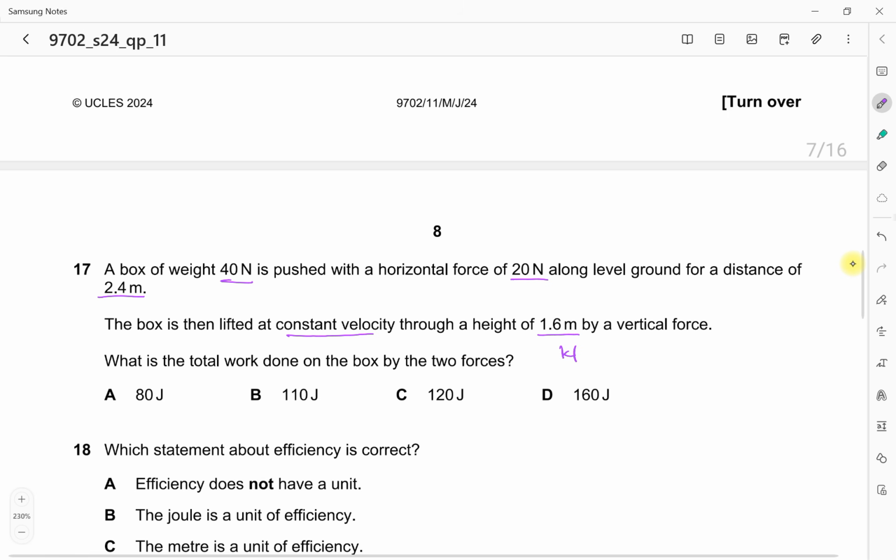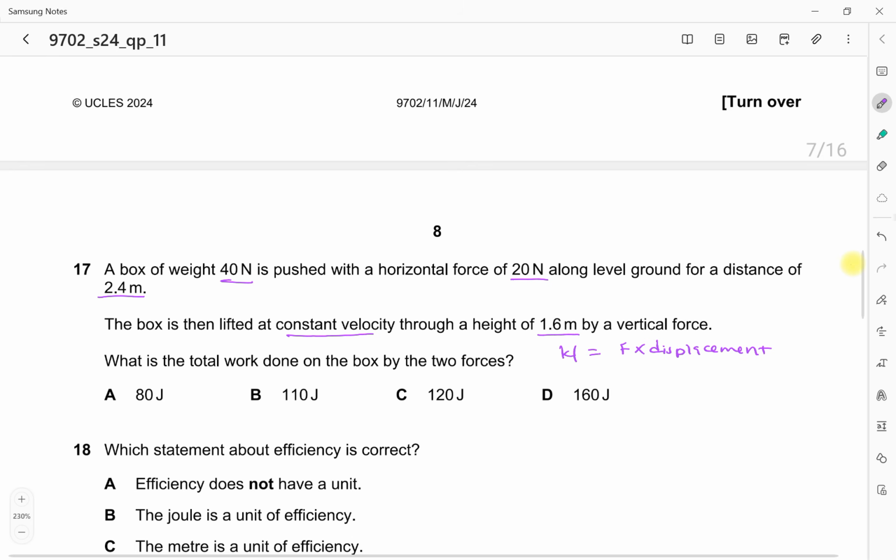Work done is force times displacement in the direction of the force. We shall first find the work done in the horizontal and then the work done in the vertical. The work done in the vertical at constant velocity is the work done against gravity, which is against the weight.